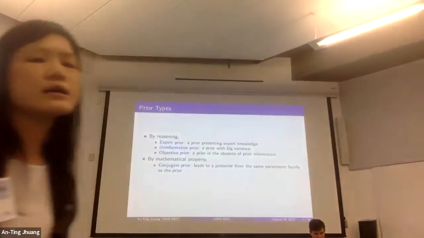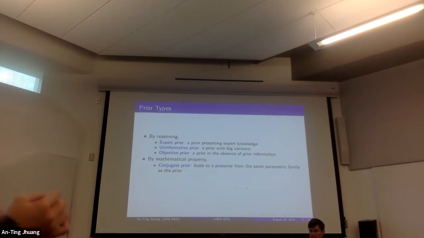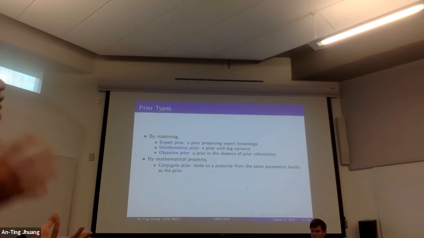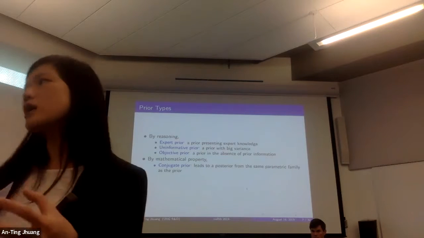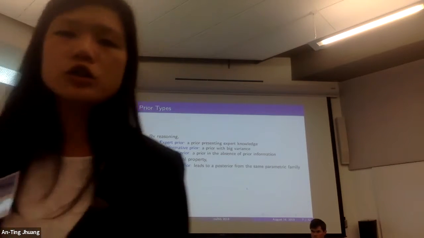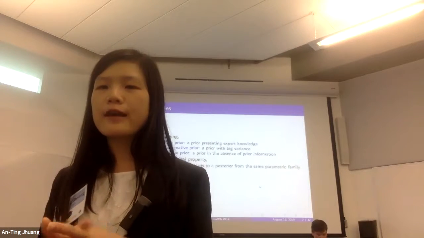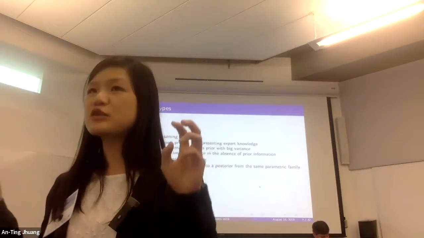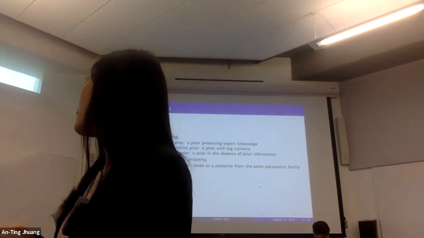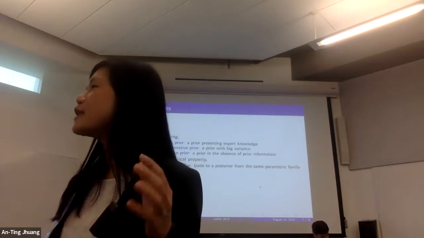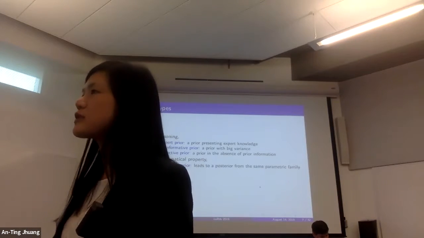But by mathematical property, you can categorize them into conjugate priors and non-conjugate priors. What does that mean? A conjugate prior means it leads to a posterior from the same parametric family as the prior. This also means we can have a closed form, a recognizable distribution, which makes our life much easier when we do the posterior sampling.